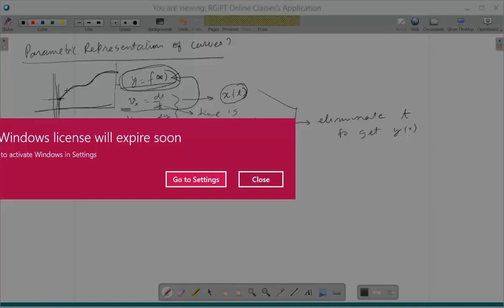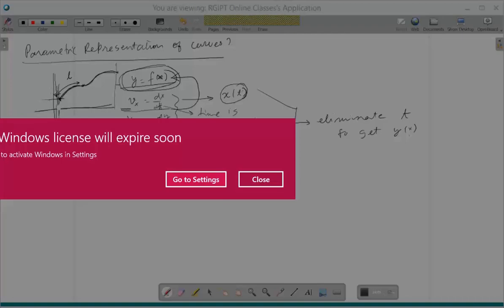You can choose a different parameter, for example, at any point I can define a polar angle, or I can define the length along the curve as my parameter. As the curve is traced, your L changes, the total length along the curve changes. So I can choose that as my parameter.